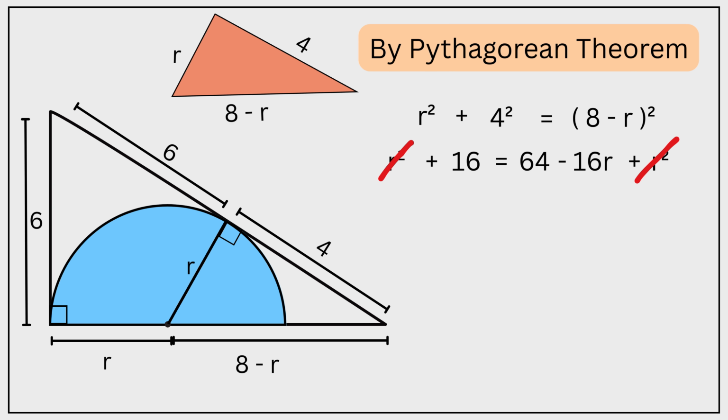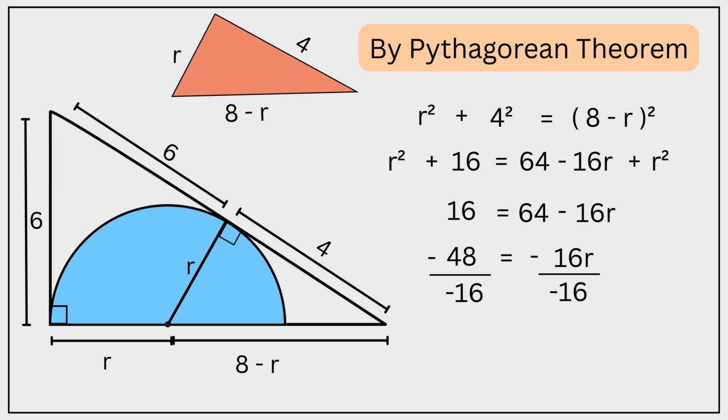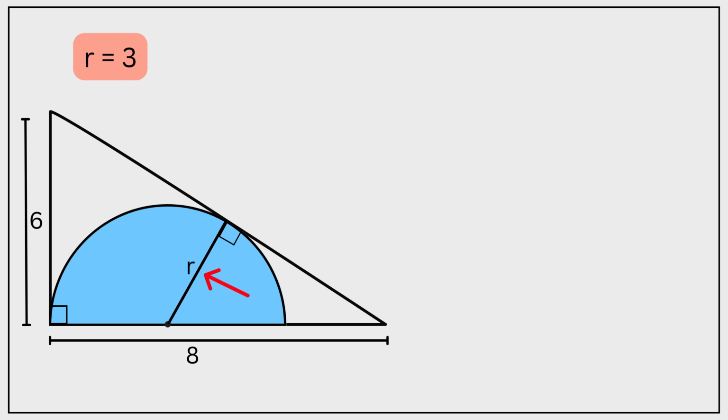Canceling r squared from both sides, we get 16 equals 64 minus 16r. Now subtracting 64 from both sides, we get negative 48 equals negative 16r. And dividing both sides by negative 16, we get r is equal to negative 48 divided by negative 16, which is 3 units. That means the radius of this semicircle is 3 units.